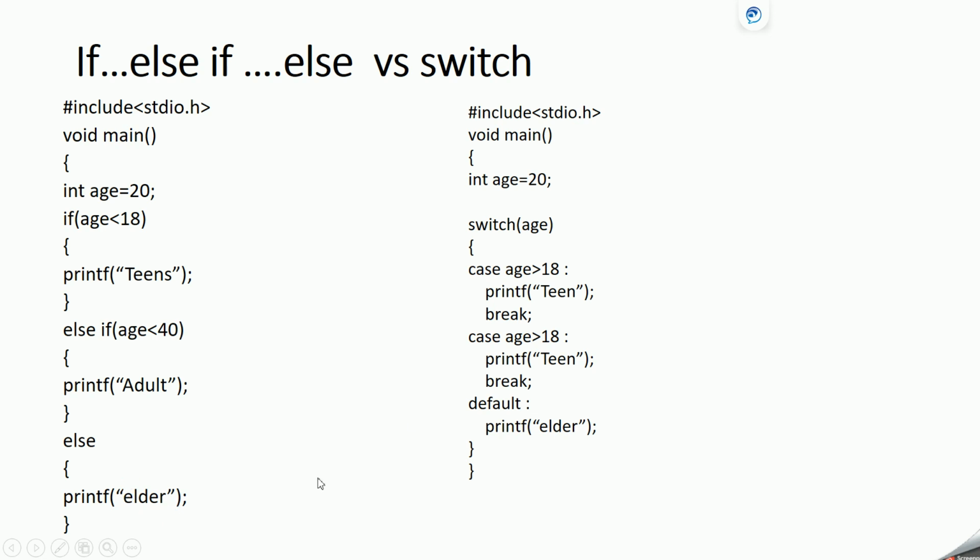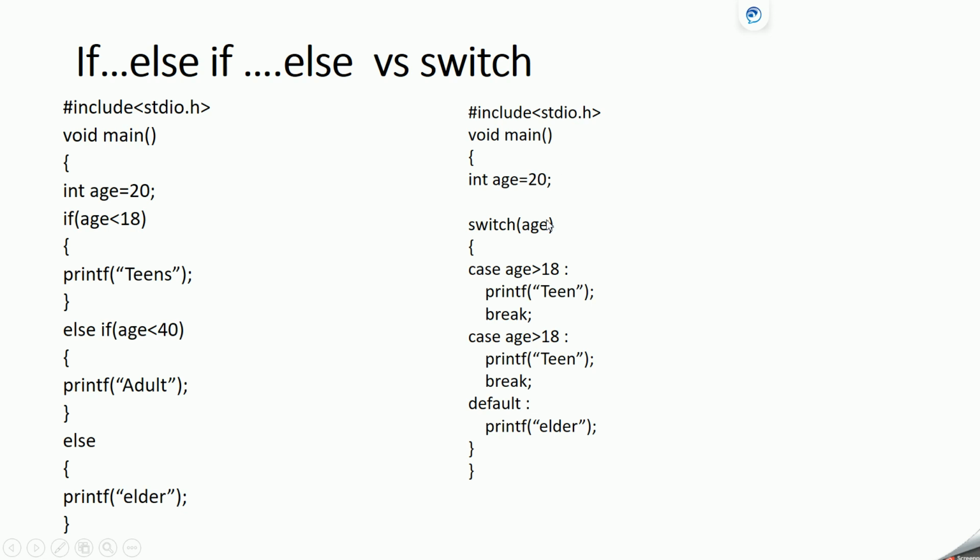If we want to write the same thing using switch, we cannot do it. Why we cannot: as per the switch there has to be exact value matching, which means we cannot write a condition like age is greater than this, there has to be an exact value, like if it is 20 then 20.